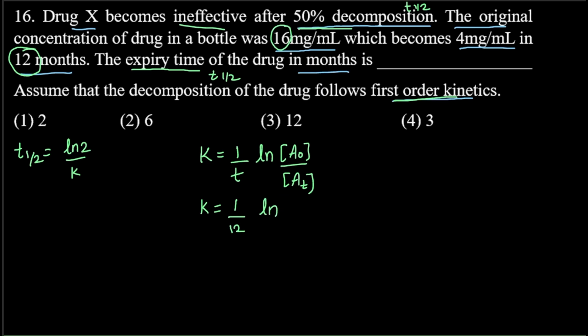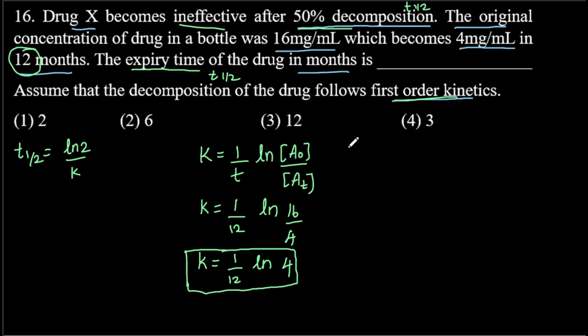A naught is 16. So numerator is 16 and AT is 4. So K equal to 1 by 12 ln of 16 by 4. Ln of 16 by 4 is 4. So this is the rate constant value.